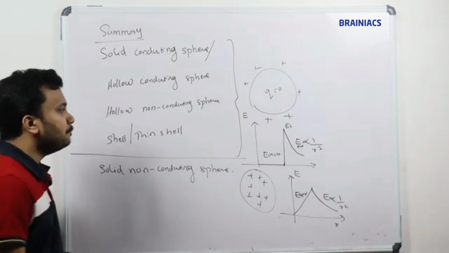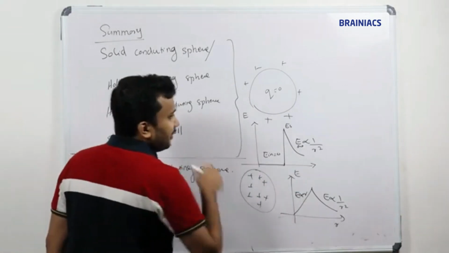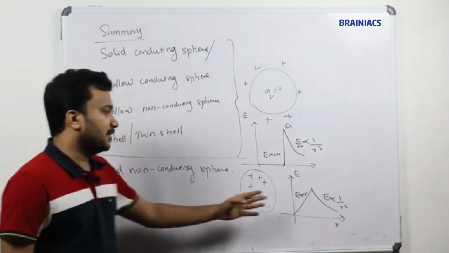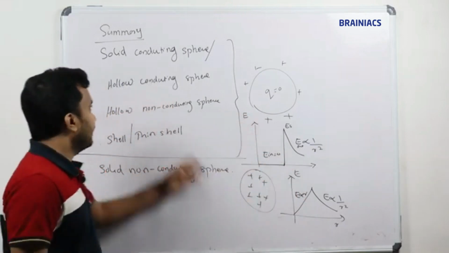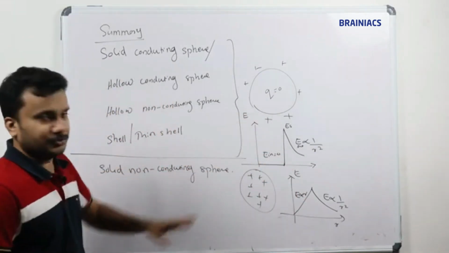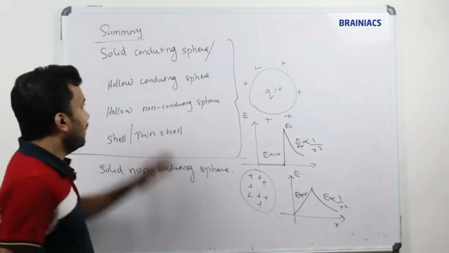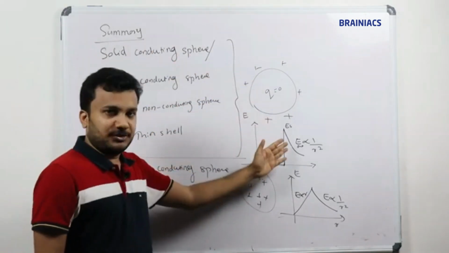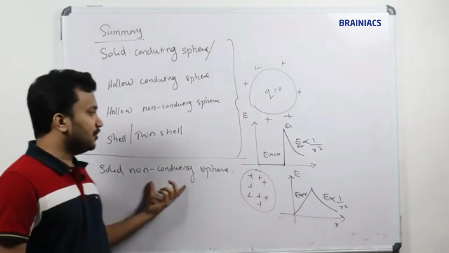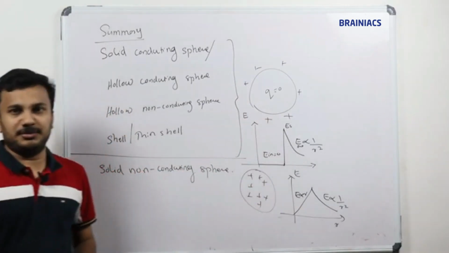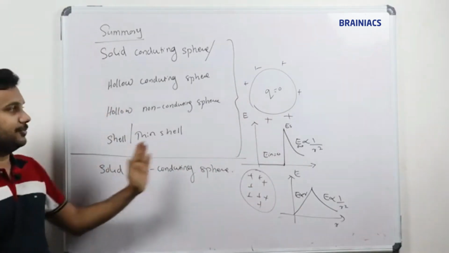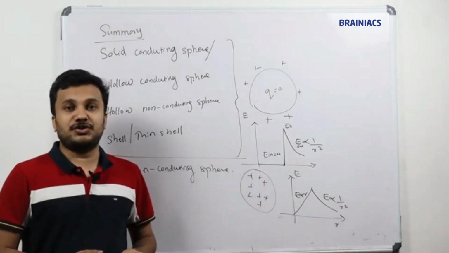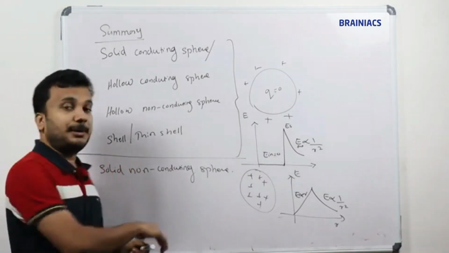Remember this is a summary, just a graphical representation. I plotted this graph in the last video, and here I plotted it to avoid any confusion. These are the same graph for this case, and only this one is different, and its graph will be this one. This is a summary of the last two video sessions.